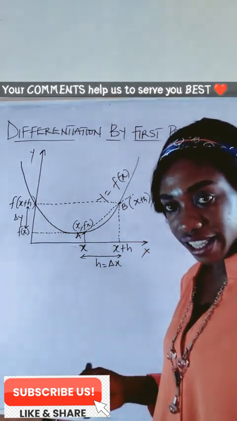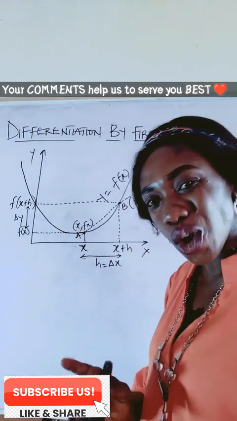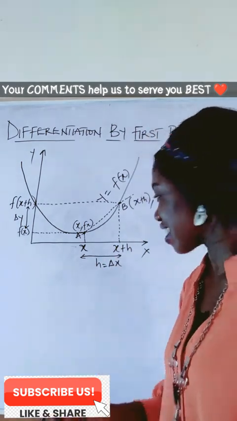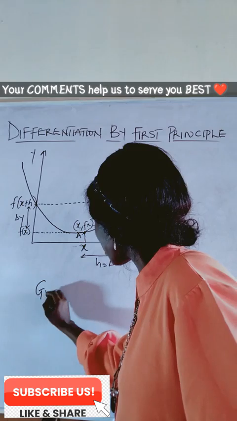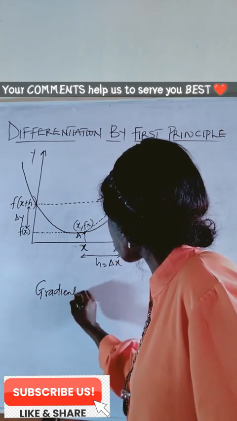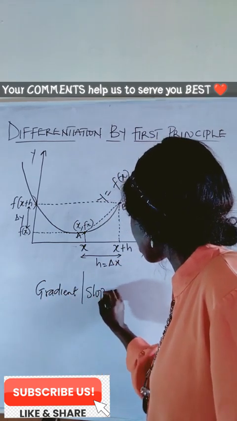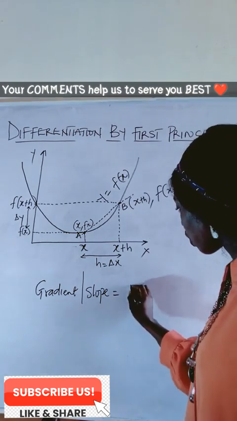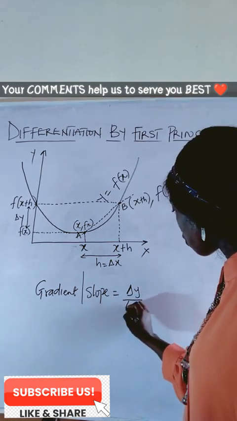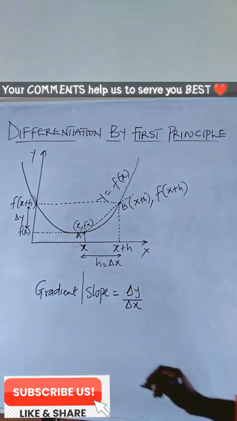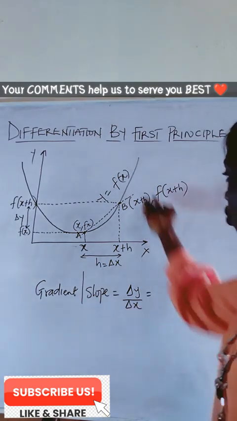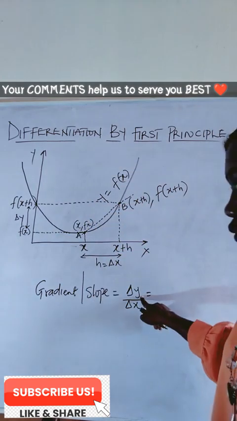Now, if you know this, note that our slope or our gradient is equal to change in y over change in x. Now, using this diagram, what will be our change in y?